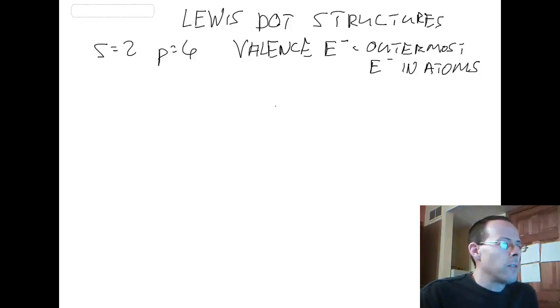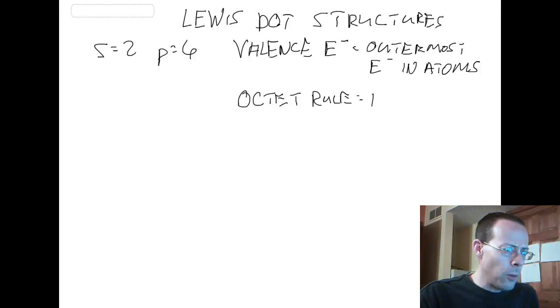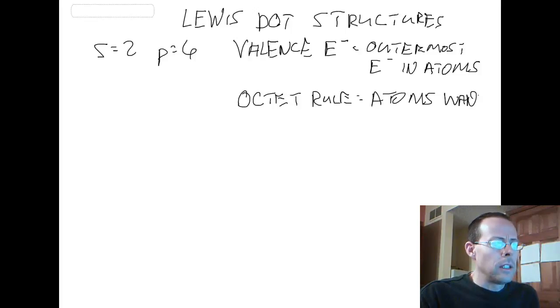Okay? So there's what's called the Octet Rule, and this is an important rule, and it applies to Lewis dot structures. The Octet Rule essentially says that atoms want 8 electrons. We'll say want, and they really don't want or need anything because atoms don't have emotions.